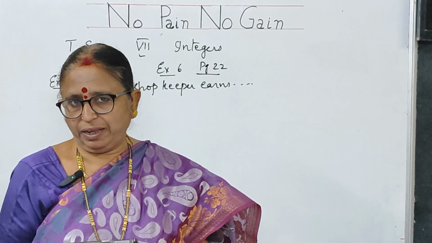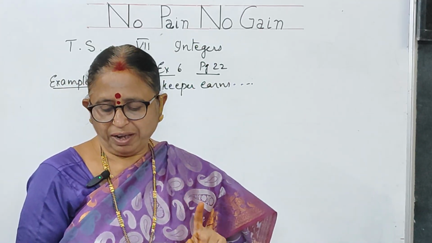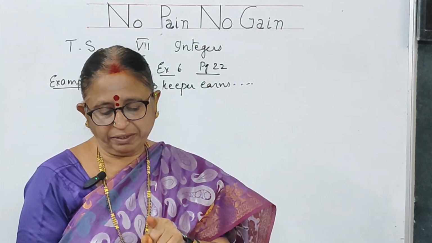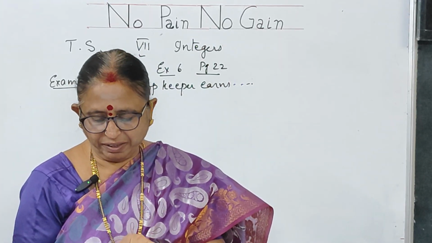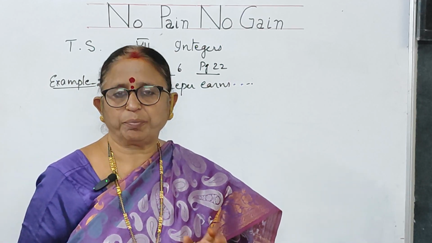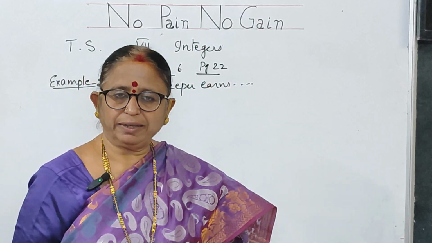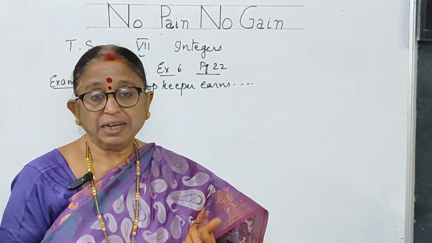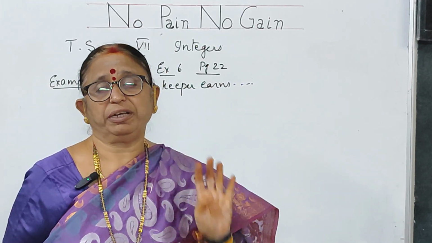One pen when he is selling, he is getting ₹1 profit, and incurs a loss of 40 paisa per pencil while selling pencils of her old stock. She was having old stock pencils. When she is selling that, she is losing 40 paisa.